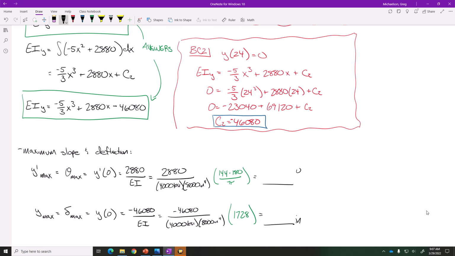Answers in inches, answers in degrees. And so for the top you're going to do 2880 times 144 times 180, over 4,000 times 8,000 times pi. I'll go ahead and tell you, when you chug that out, you get 0.743 degrees. Then for this one, you get 2.488 inches.